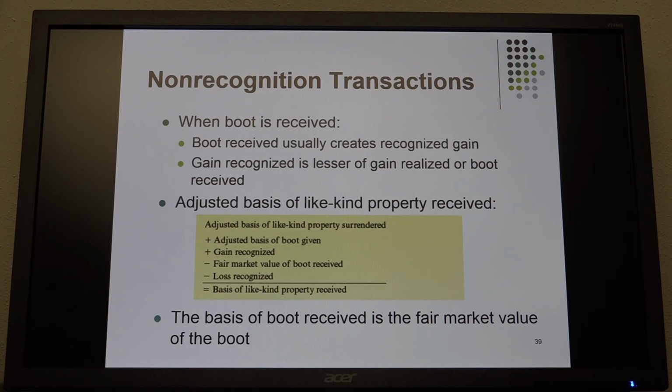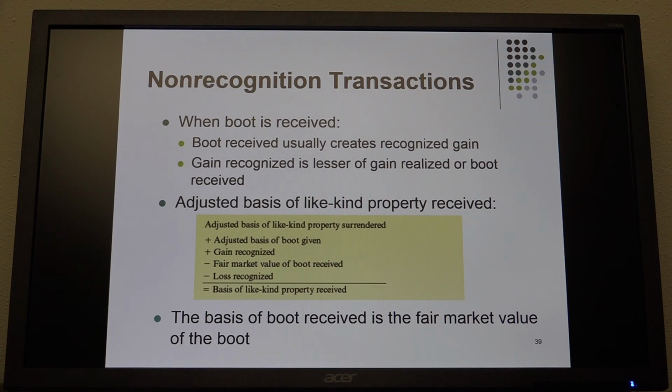And so the determination of the basis of the like-kind property received is calculated by taking the adjusted basis of like-kind property surrendered, the $250,000, and then you're going to add the adjusted basis of boot given. In this case, the taxpayer is not giving any boot, they're receiving boot.